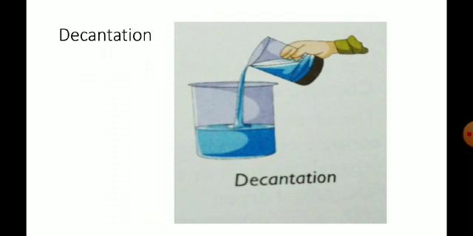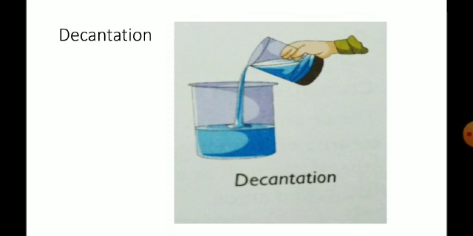So after the sedimentation, we can do another method, and we can keep that container for a long time without disturbing it. We have already seen that all the sediments are at the bottom of the container, and the fresh water is at the top of the beaker. After some time we have to take that container and pour the clean water into another container without disturbing the sediments.